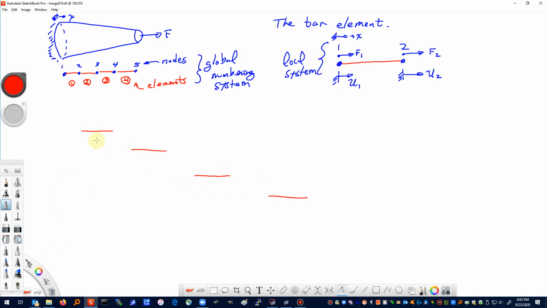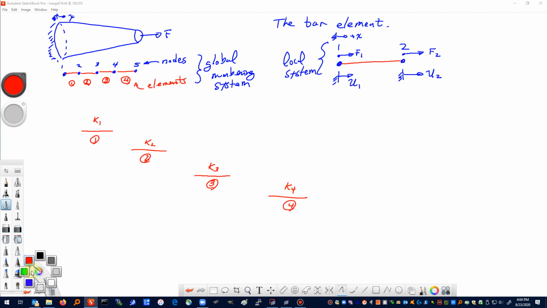And each of these have maybe different properties. So we said previously that maybe we'd use the large diameter as the diameter for the entire segment that we have here. So in other words, it's going to have its own stiffness. I'm going to call that K1, K2, K3, and K4.